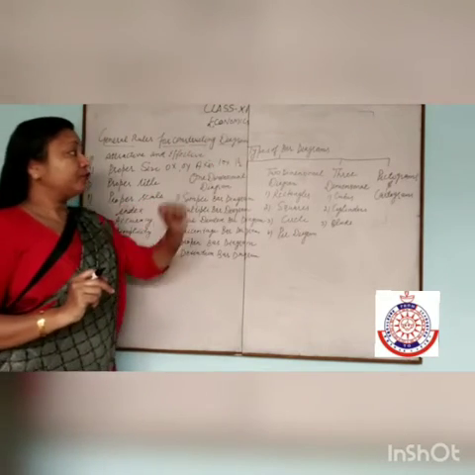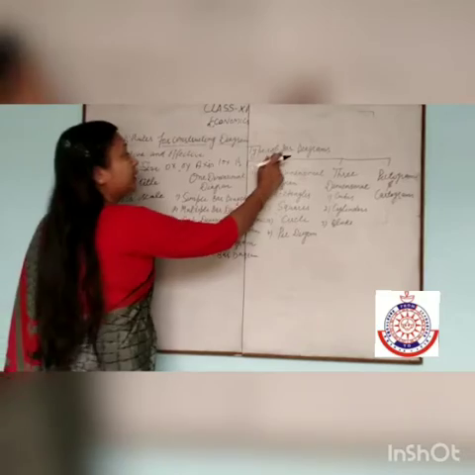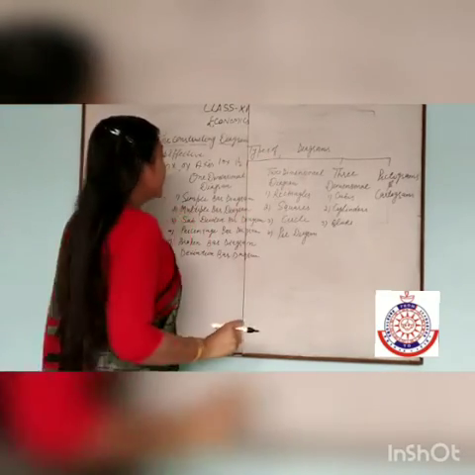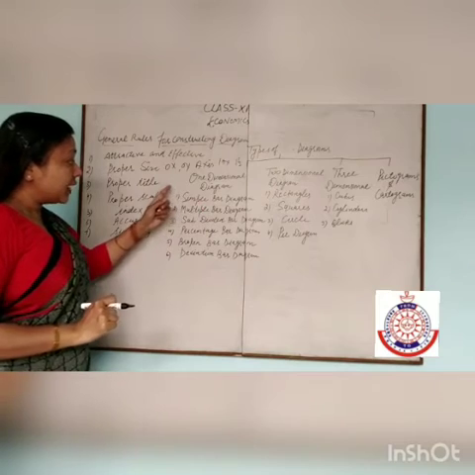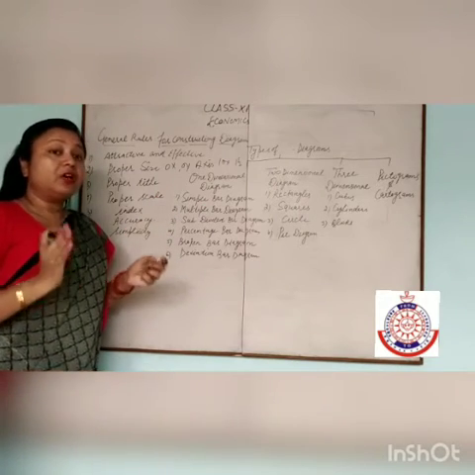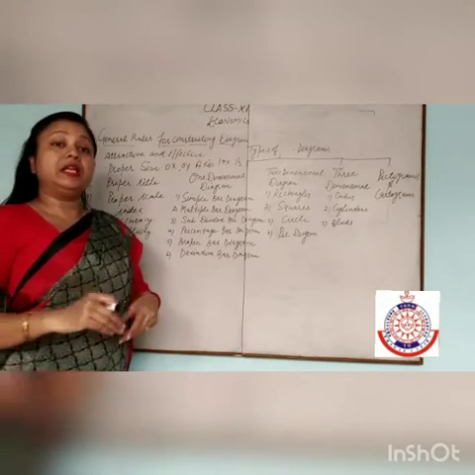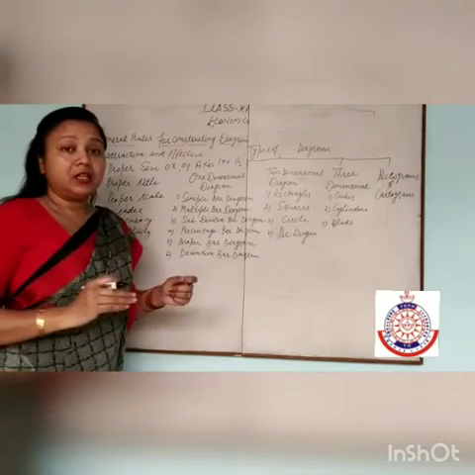Now, different types of diagrams. How many types of diagrams? The first is one-dimensional diagram. One-dimensional diagram means whenever we consider only length or width.